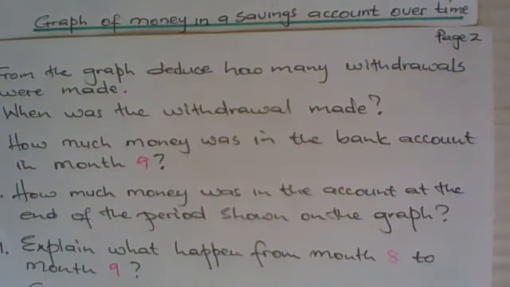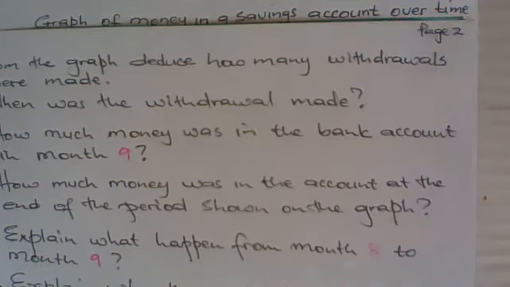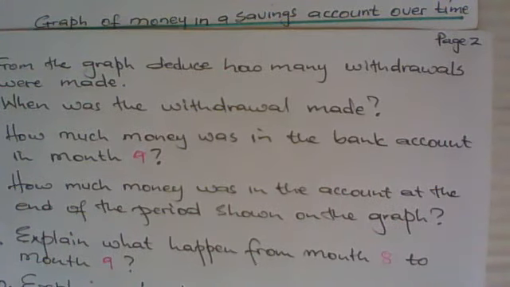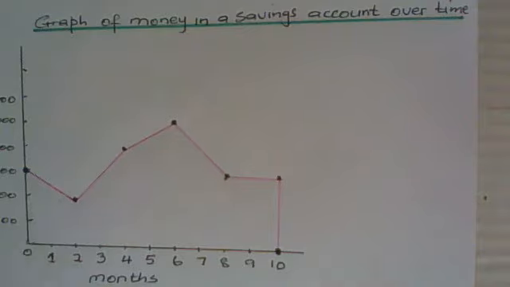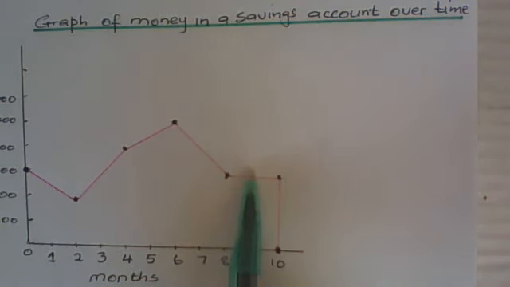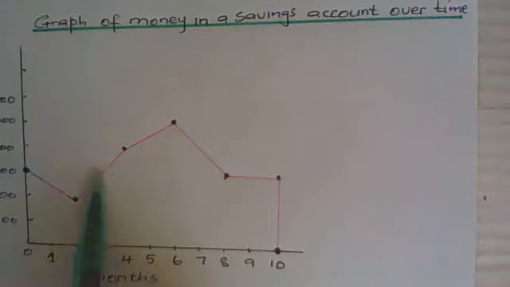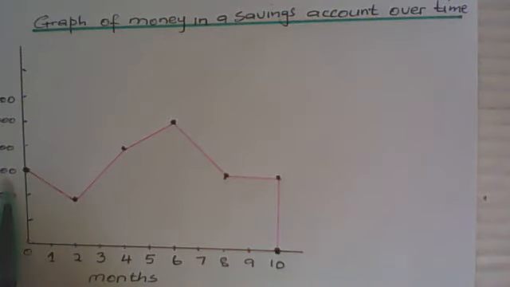How much money was there in the bank account in month 9? In month 9, it was 4,000. No, let's check.